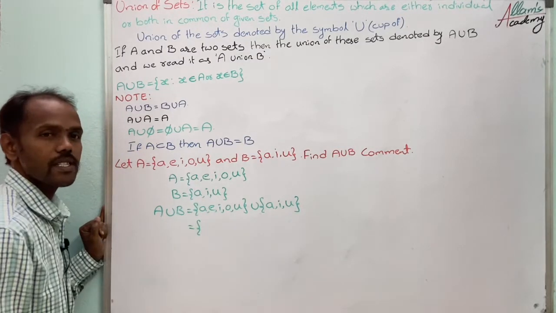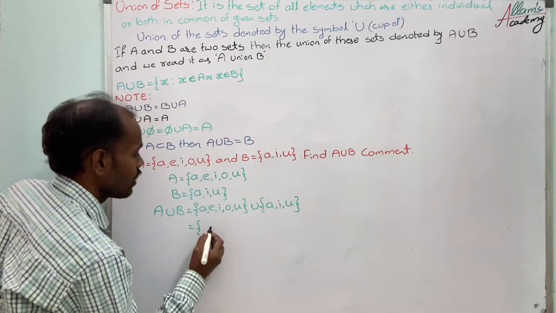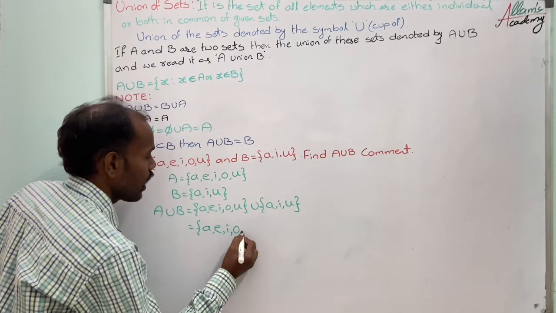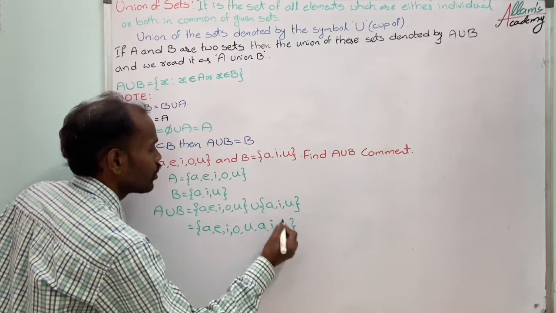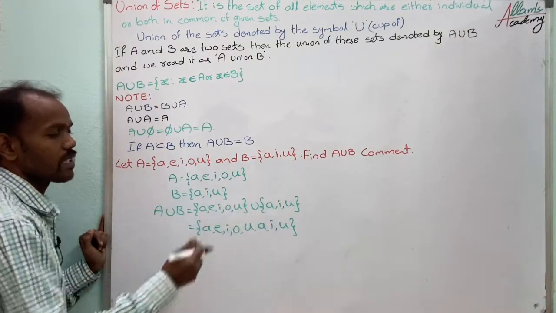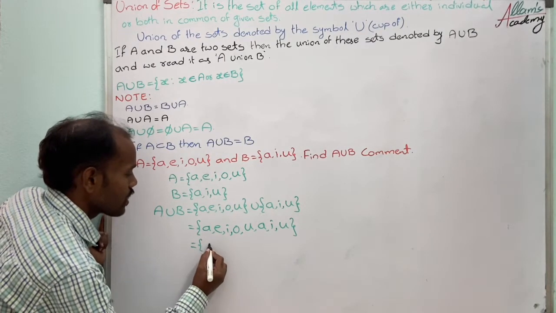Now we already said union means we have to write all the elements in the given sets. So A, E, I, O, U, A, I, U. Now if any element is repeated we have to take it once only, that one also we said.